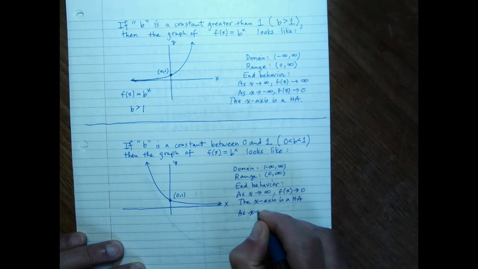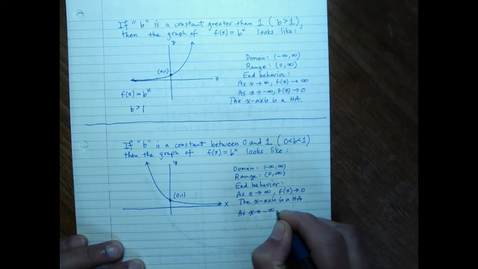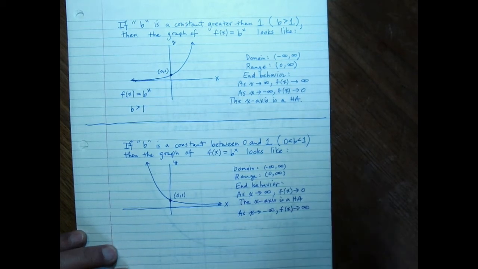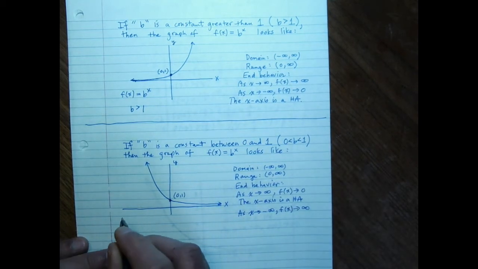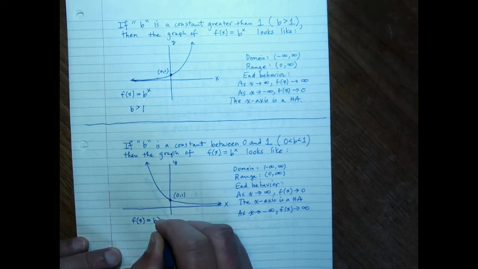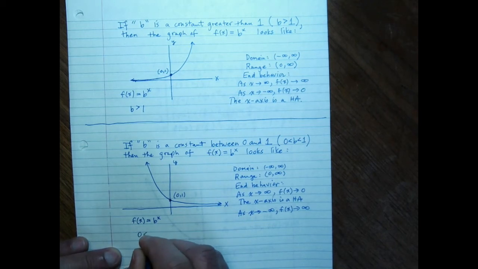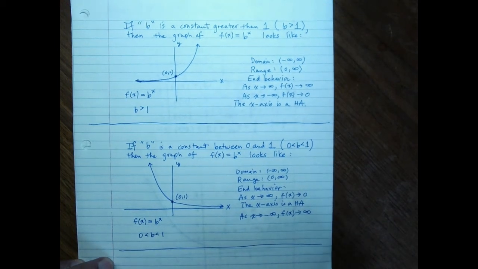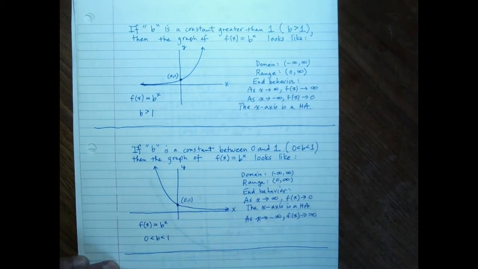As x approaches minus infinity, f of x approaches infinity. And I just want to write here: f of x equals b to the x, where that b is between 0 and 1.